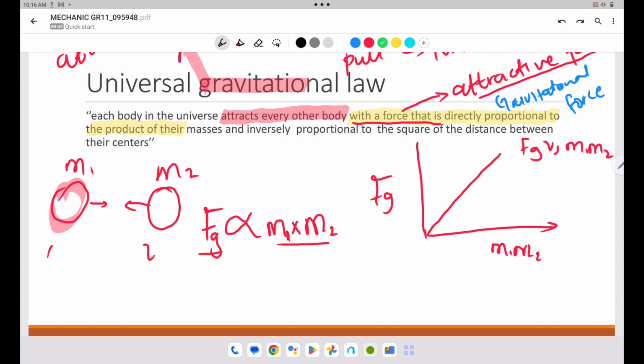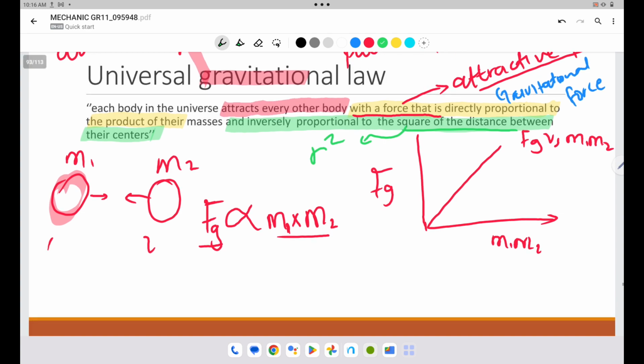And the last part says, and inversely proportional to the square of the distance between their centers. They're talking about the square of the distance. How do we write the square of the distance? That is distance squared.